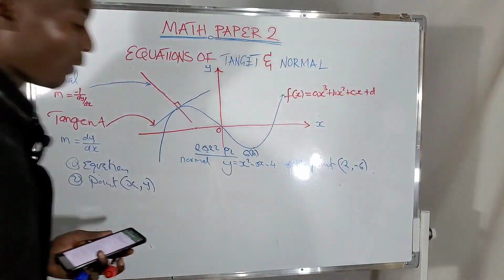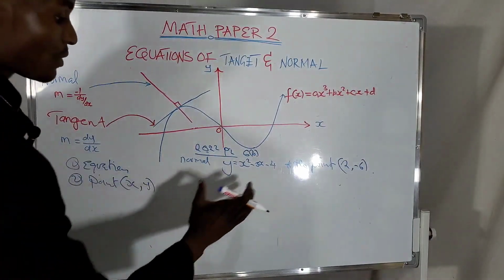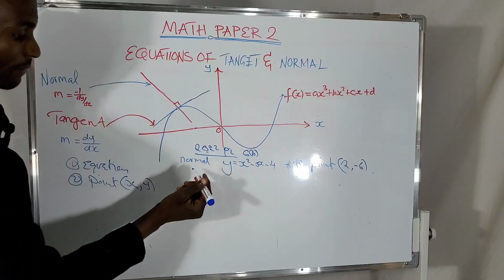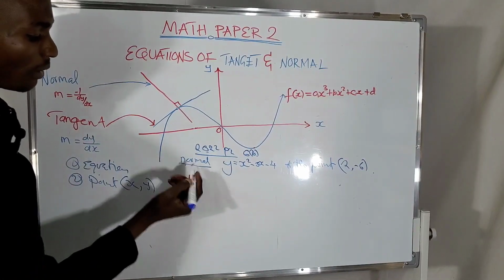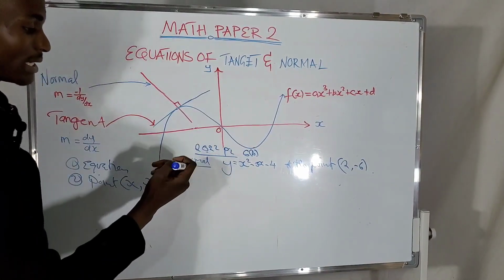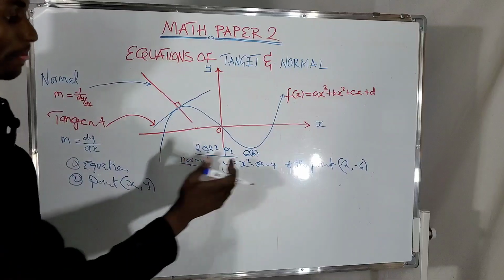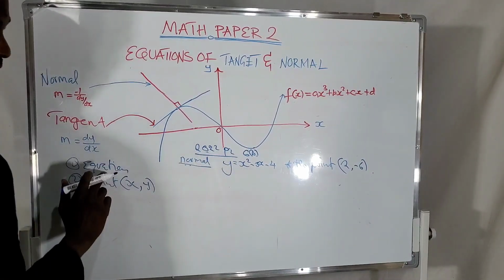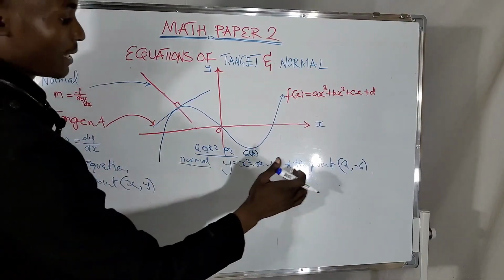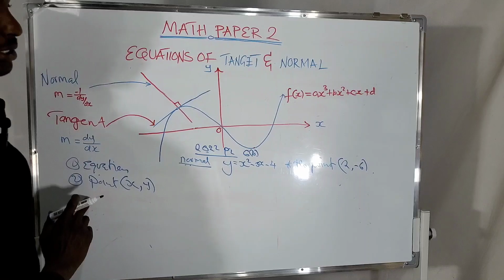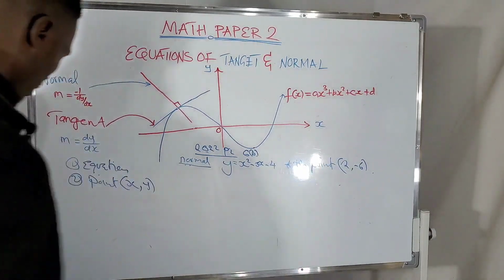This is simple. As long as you are given the statement, whether normal or tangent, which here is normal, then the equation, and then the point.